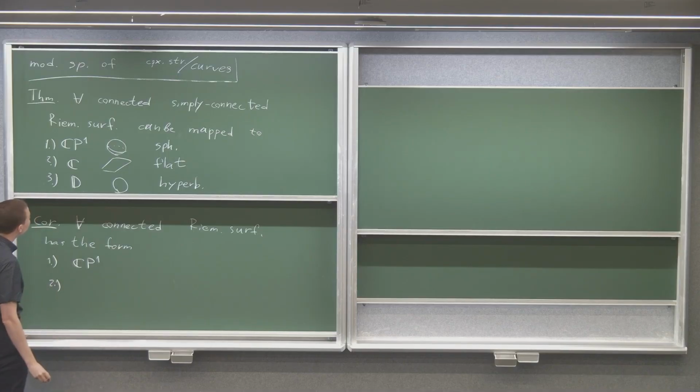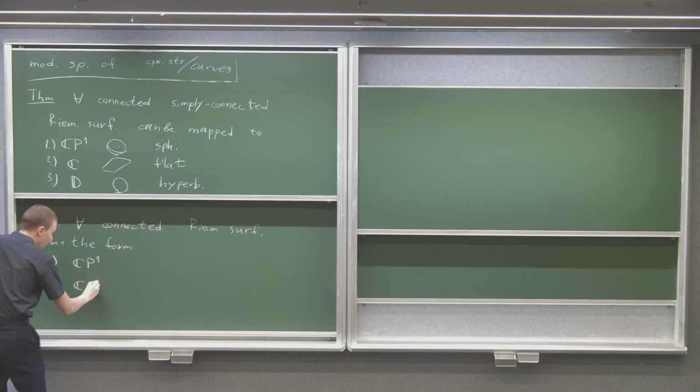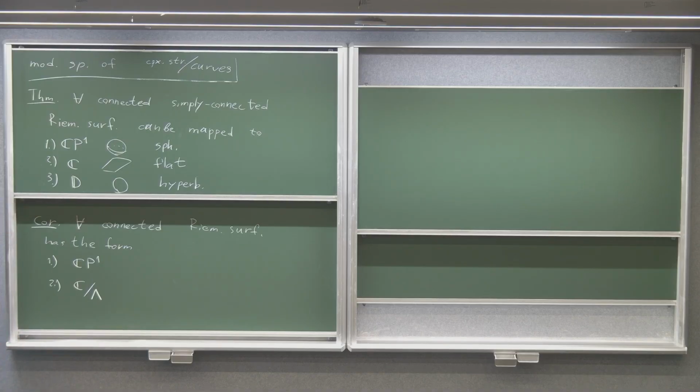Two, C quotiented by a lattice, which is a discrete subgroup of the translation group, and also on two generators.